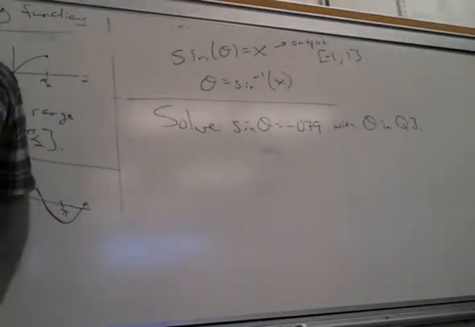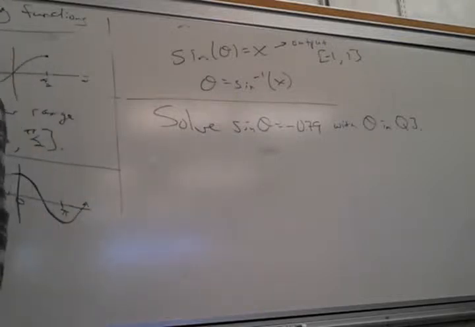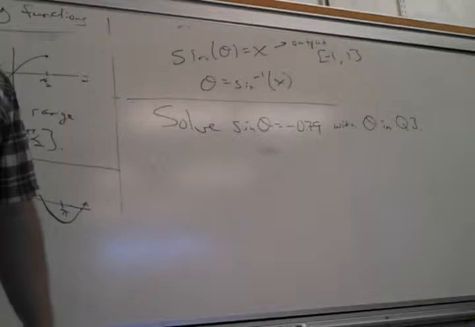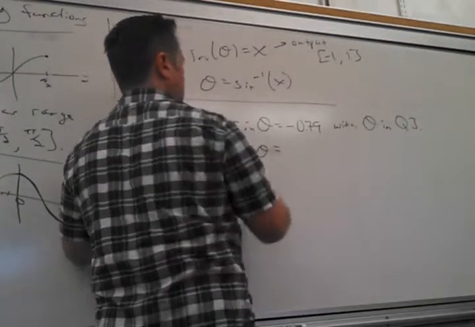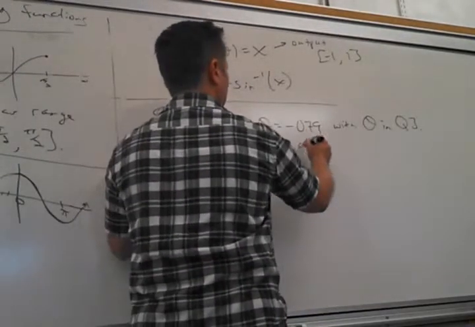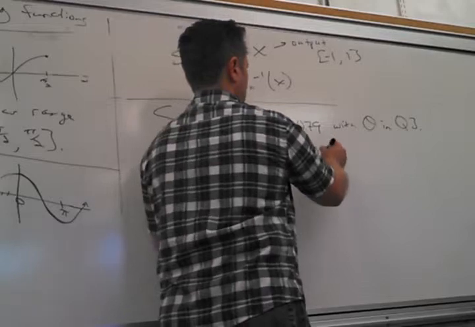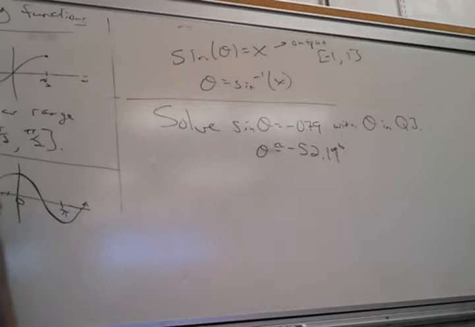If I don't specify, you can have your calculator in radians or degrees. And I didn't specify. So when you plug it in, you get -52.189, roughly, in degrees.